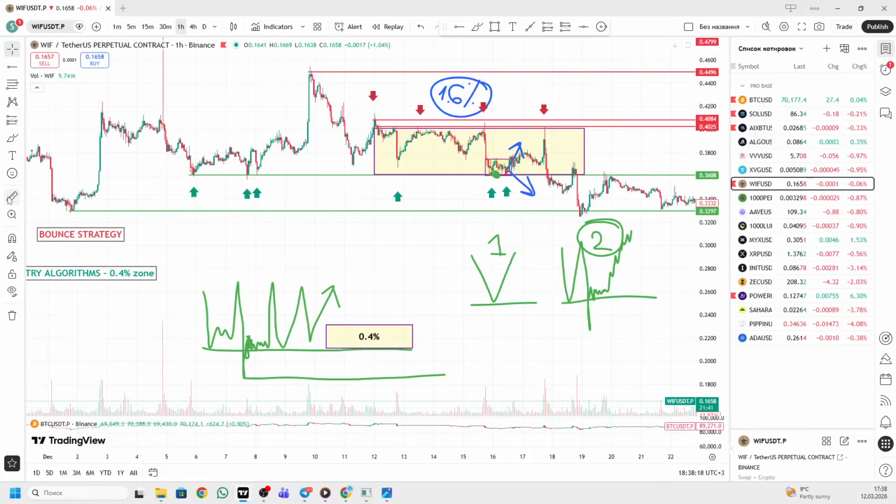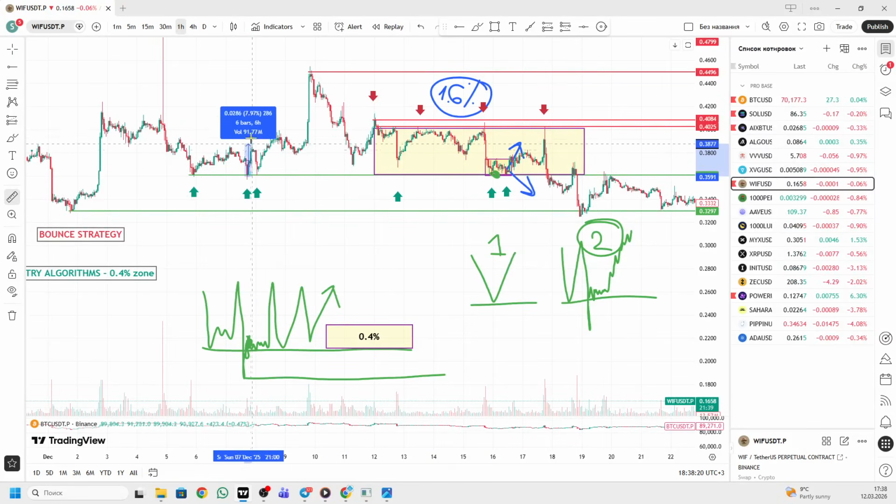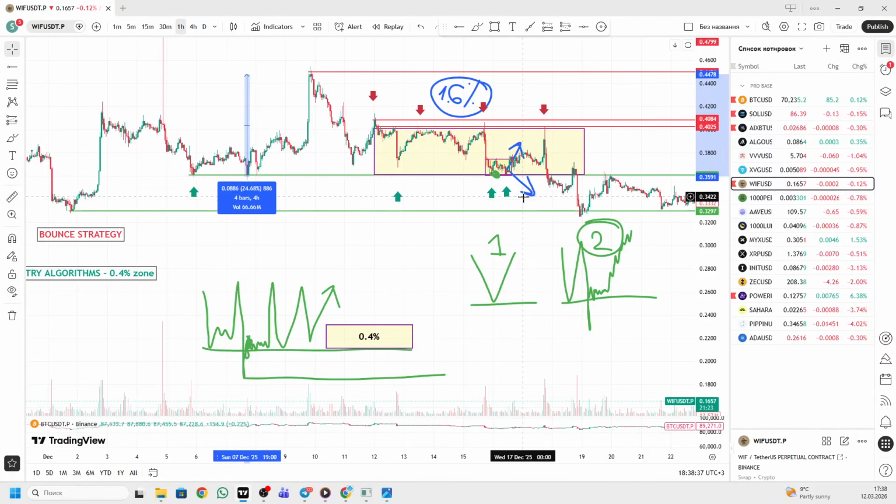If, for example, we entered here, even till the first one, it is almost 6-7%. Here it is 10%. Here it is already 24%. So on average, you can calmly take 3 to 5% profit without rushing, in a quiet and controlled way. I think this is clear, right?